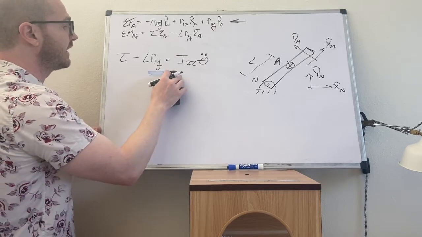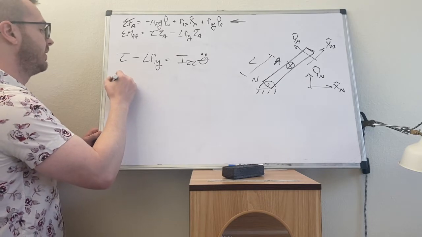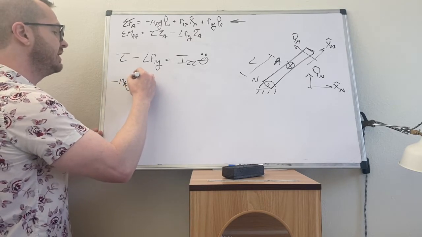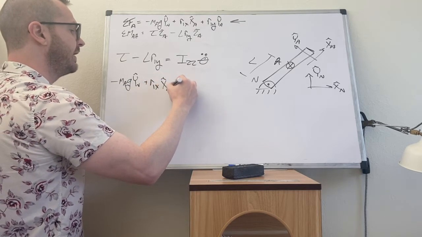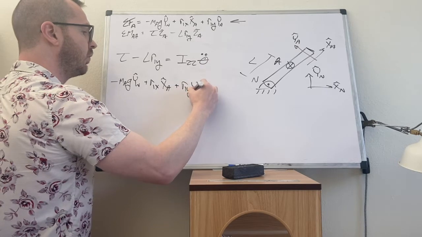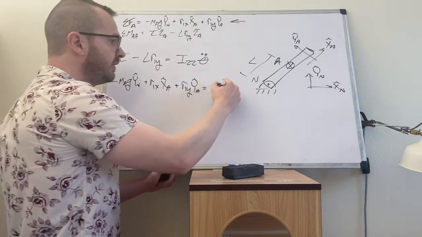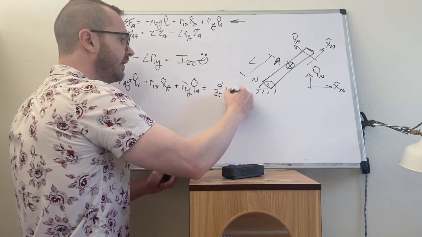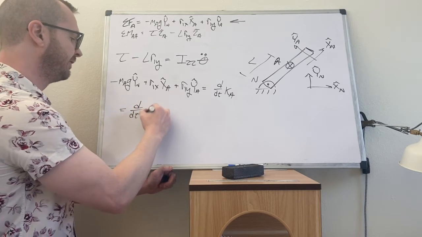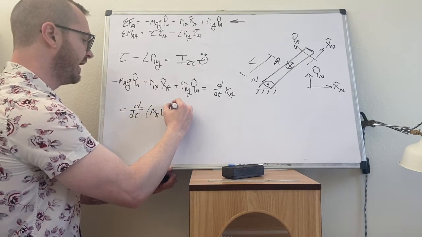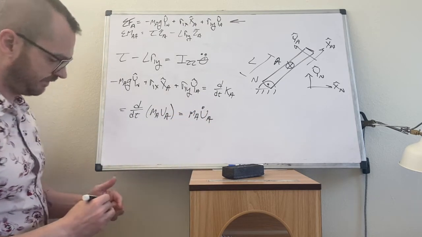If we write Newton's second law for this body, what we're going to get is minus MAG YN plus R1X XA plus R1Y YA. This is going to equal ddt of Ka, that's ddt of Ma VA, and this is going to be Ma VA dot.